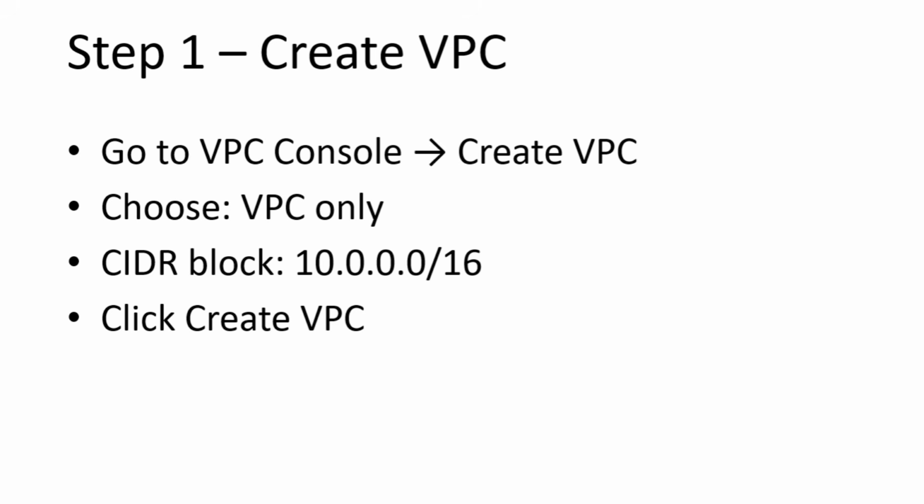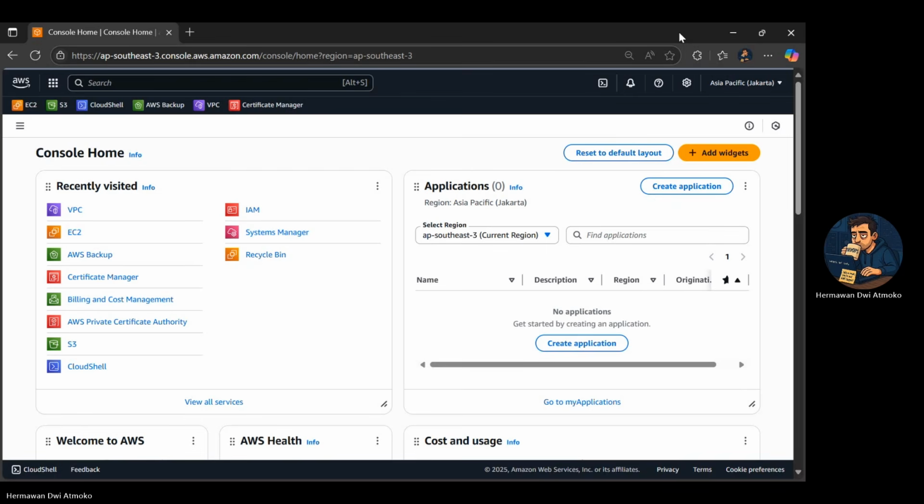By giving it its own CIDR block, we're defining the IP address range that all of our resources will use. This step ensures that both of our EC2 instances live in the same controlled environment, where traffic can flow privately without ever leaving AWS's backbone. Let's start by building that foundation, creating the VPC itself.